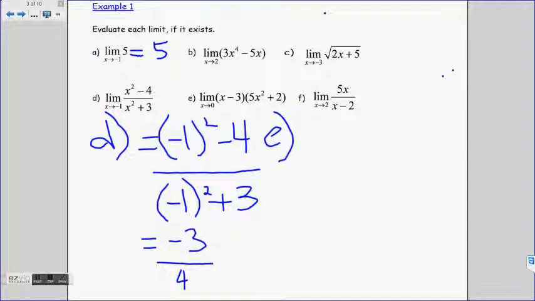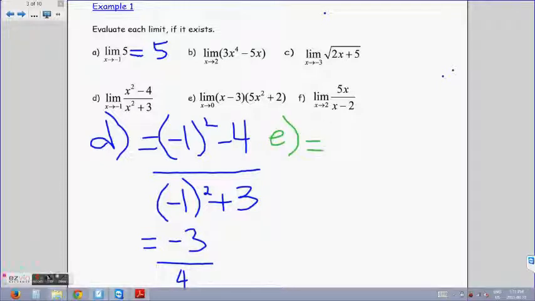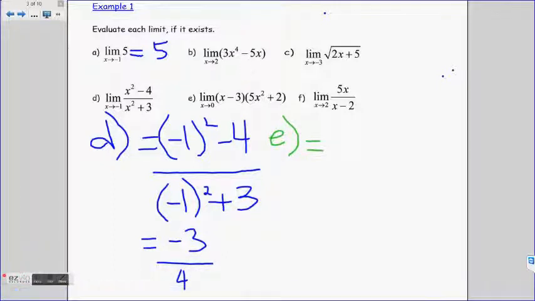Okay, let's just continue on with part E over here. Hopefully that's not too messy for you. Again, we're going to do the same thing. I thought I would change the ink so it looks a little bit easier to read. Here we're going to replace x with 0.